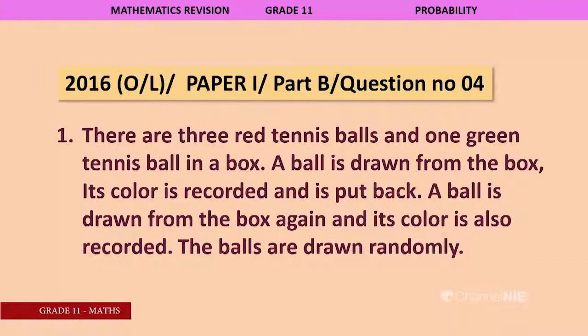There are 3 red tennis balls and 1 green tennis ball. A ball is drawn from the box, its color is recorded and it is put back. Put back means with replacement, which doesn't change the elements of the sample space.